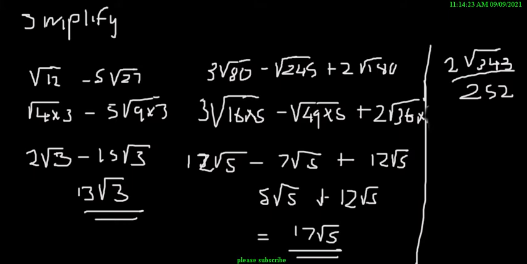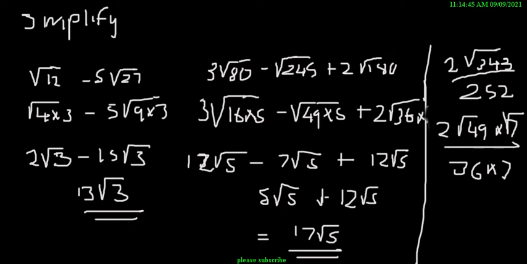That would be 7, so that would be 49 times 7, times root of 7, actually, and 36 times 7, all this under root. Okay, so root of 49 is 7, 7 times 2 will be 14. So here we have 14 root of 7 over 6 root of 7.